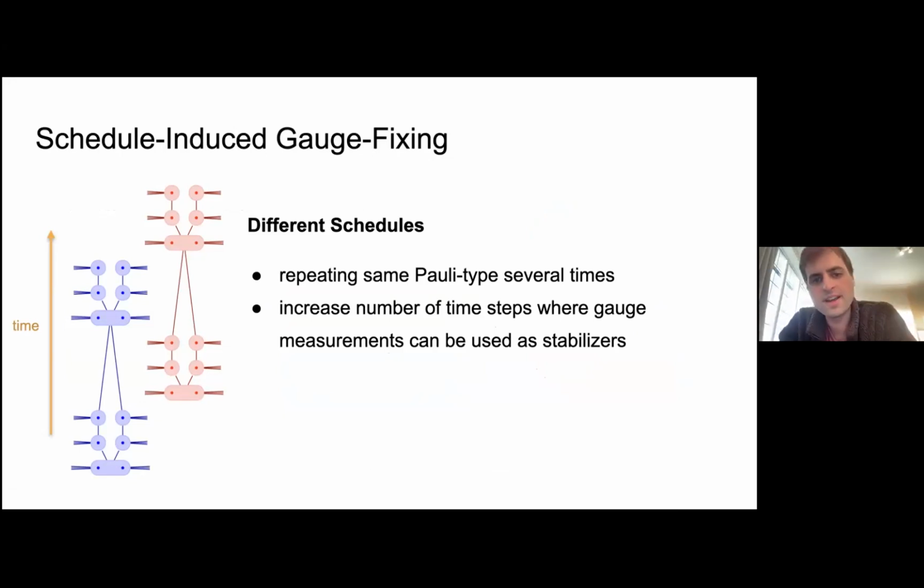So the observation is that you can look at the decoding problem of lattice surgery from the perspective of schedule-induced gauge fixing, and use similar methods of constructing matching graphs. I haven't seen too many details on exactly how. I think there are different approaches to decoding lattice surgery. So it's more of a different perspective on decoding.